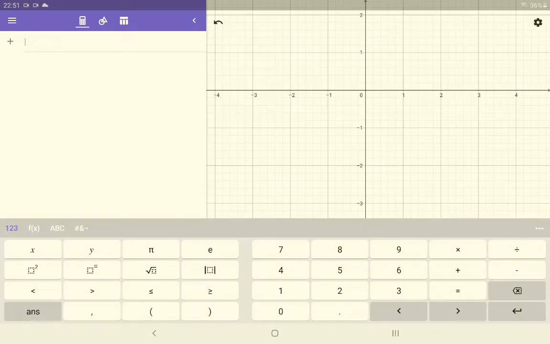What is the definition of the identity function? I have f of x in the form of x. So y equal to x. In front of you there is the graph for this function.